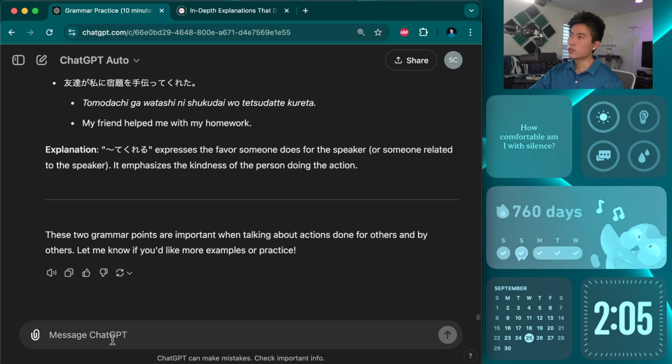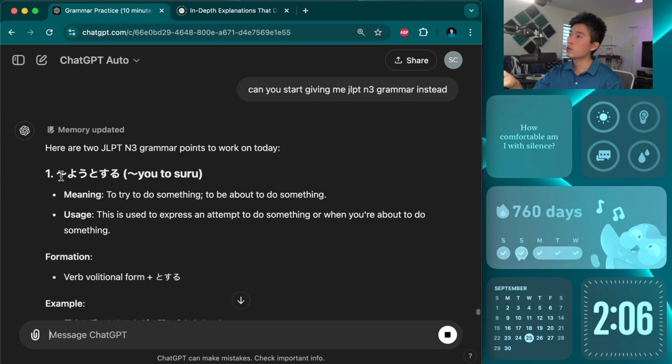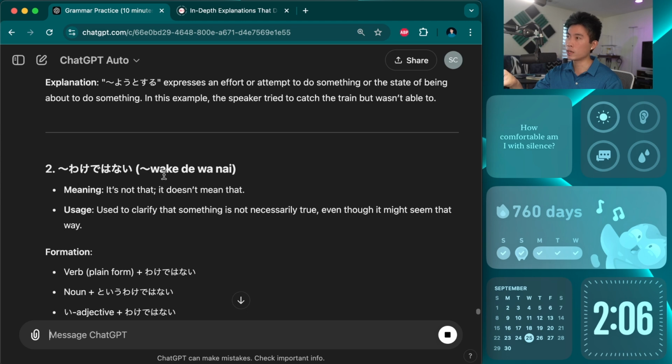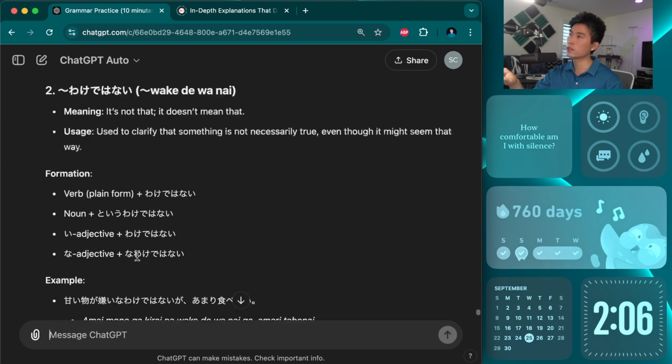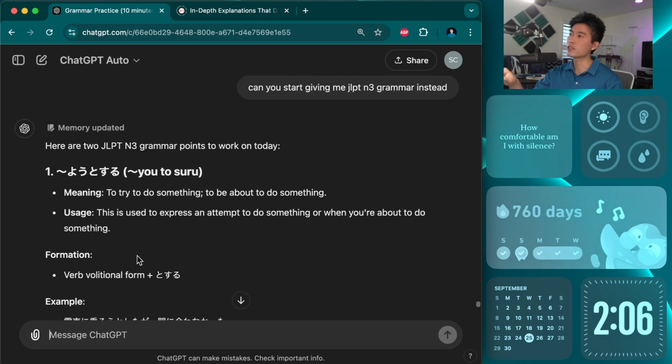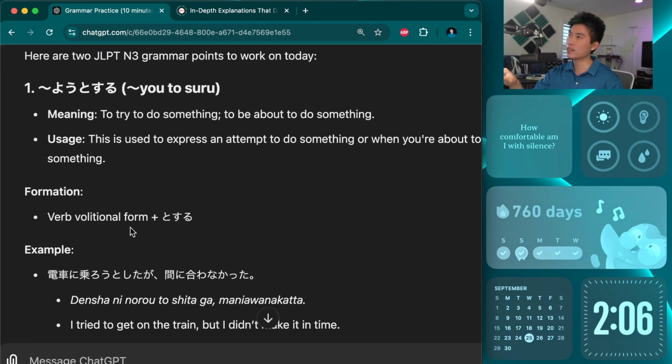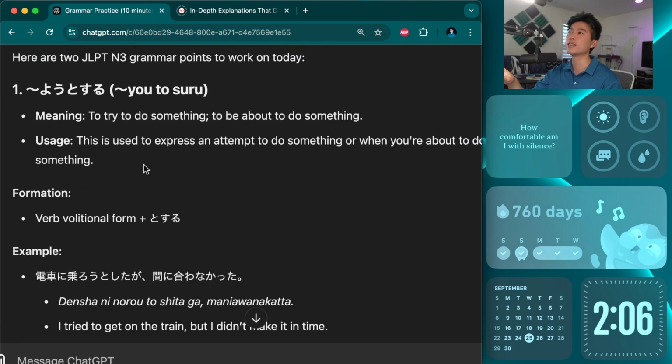All right, so can you start giving me JLPT N3 grammar instead? Yō to suru. I definitely have not heard of that one. And then wake de wa nai. I have not heard of that one either. So part of me feels worried that I've never heard of it, but I will trust it for now and ask someone else later for help just to make sure that it's accurate, or how useful it is too.